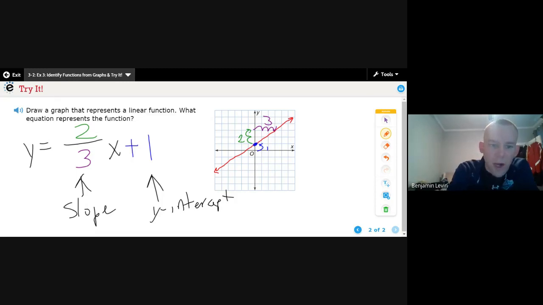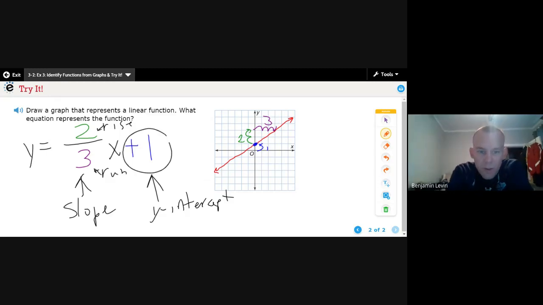Our slope is rise over run, right? So we have up 2, over 3, up 2, right 3. That's our slope, 2 and then 3. And our starting point was +1. So we started right there because we went up one space. We see 0, and then we went up one space to get to our starting point. That's what the +1 means.